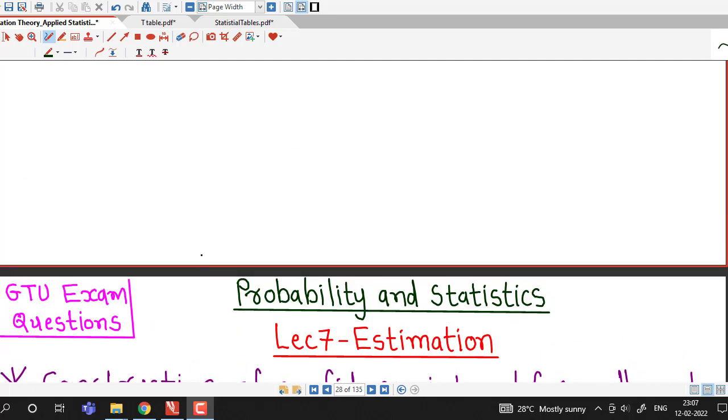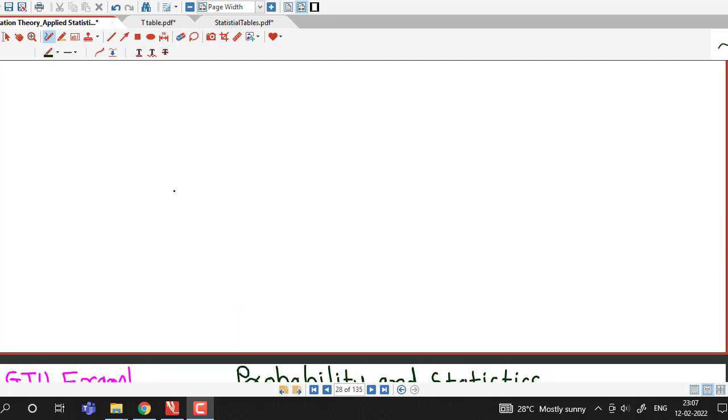For that we recall the formula for the confidence interval for small sample.